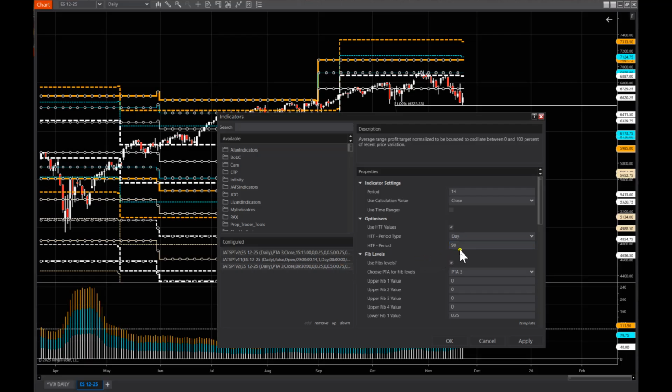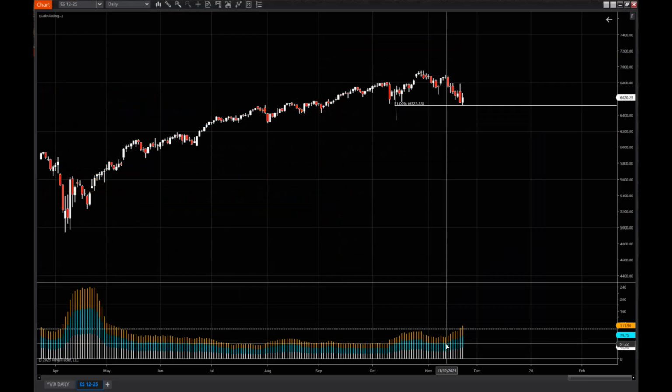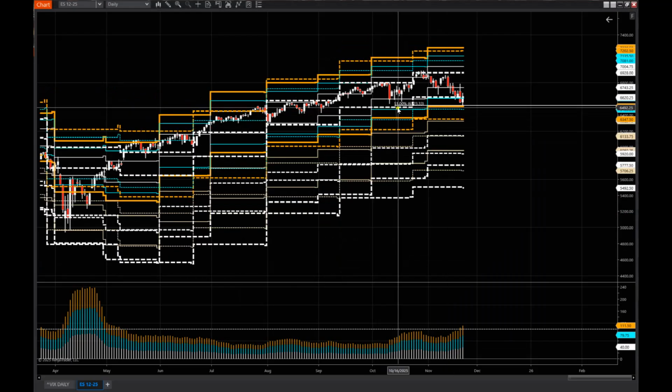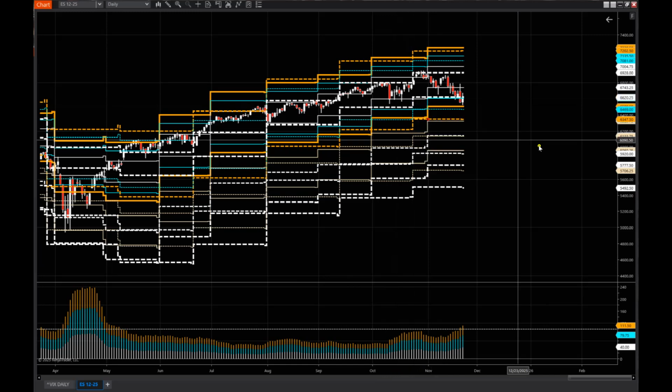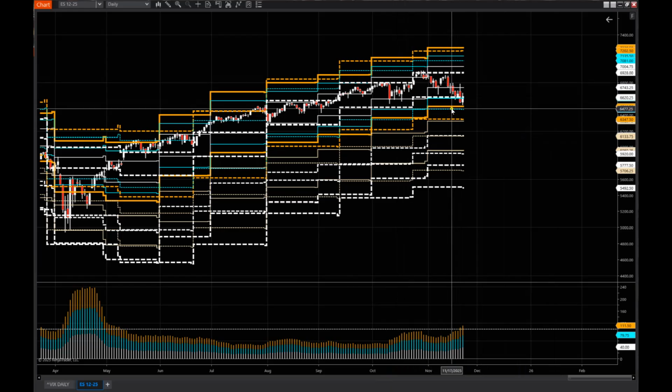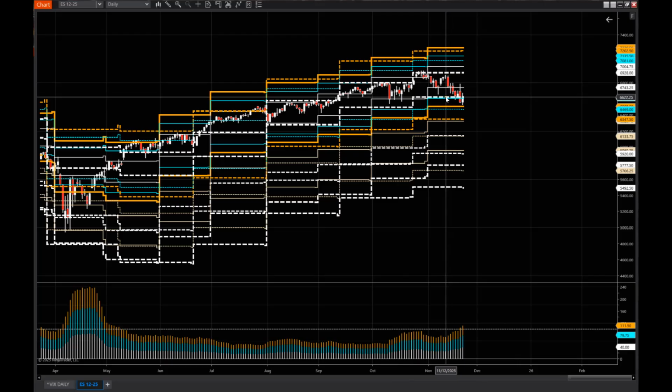So let's do that right now. And so you can see here that where we stopped right on that lower monthly one, and that upper monthly one is at 67.33. So it sort of confluences with that quarterly one.